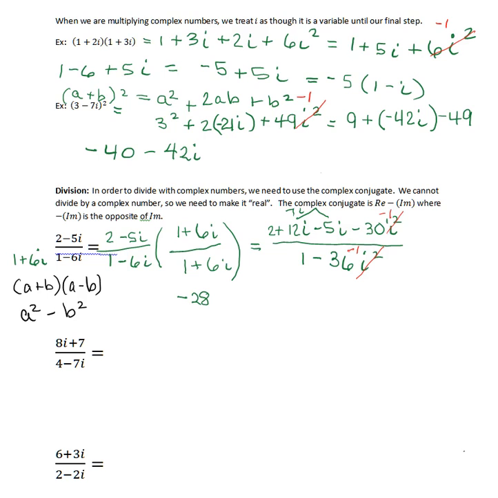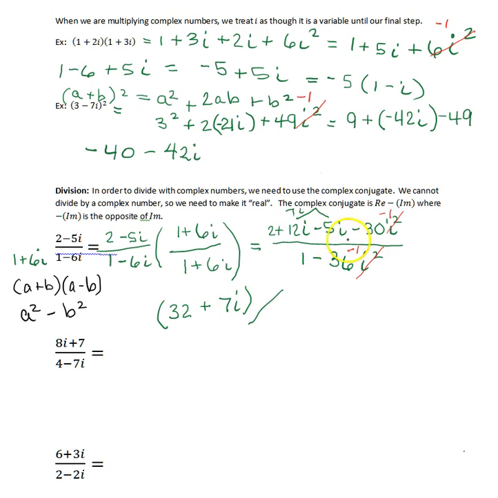I have a negative on that, so that's going to become a positive 32. My mistake. So here's a negative 30 times a negative 1 that's going to get me positive 30, plus 2. So I'm going to have a 32 for my real portion, and then I have a 7i for the imaginary portion, and that's for my numerator.